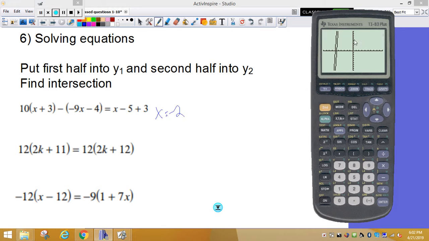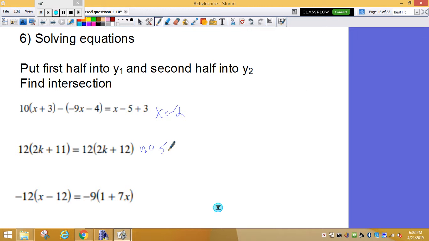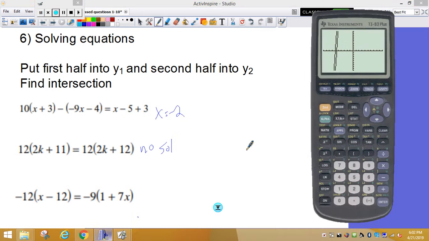Oh, those lines are parallel. Parallel lines means there is no solution. And last, -12 parentheses x minus 12. And then -9 parentheses 1 plus 7x. Let's graph it. Alright, I cannot see where they cross, so I'm going to zoom out.